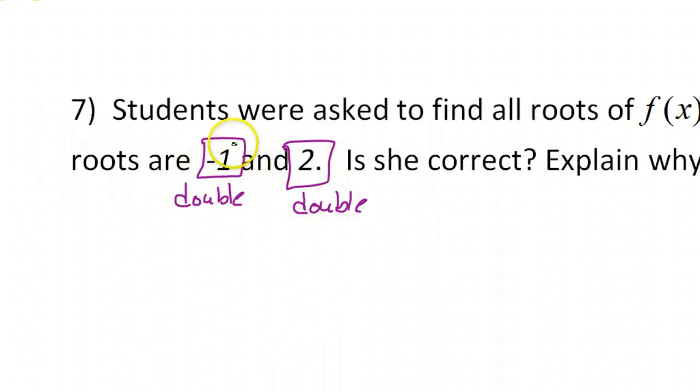But remember, if we were to look at the graph, if these are both doubles, then we would expect to find a bounce at negative 1 and a bounce at 2. Another way we could get 4 zeros out of just negative 1 and 2 is if, for example, negative 1 was a single, but 2 was a triple.